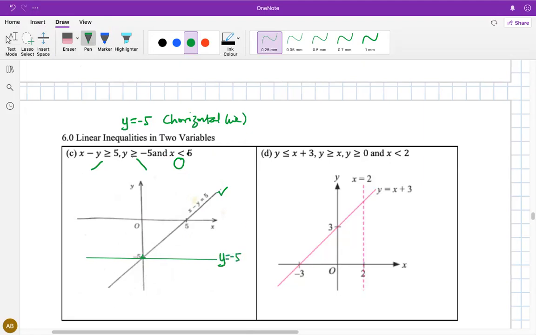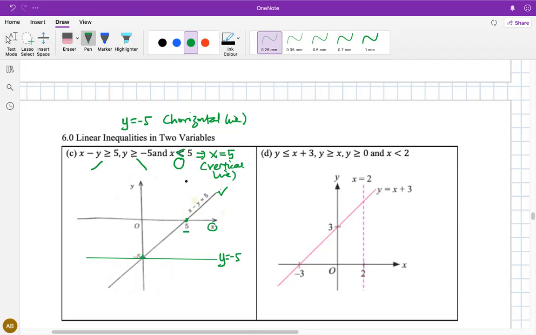Then x less than 5, that means we have to draw x equals to 5. So x equals to 5 is a vertical line. Okay, vertical line passes through x equals to 5. So this one is only less than, that means has dotted line.